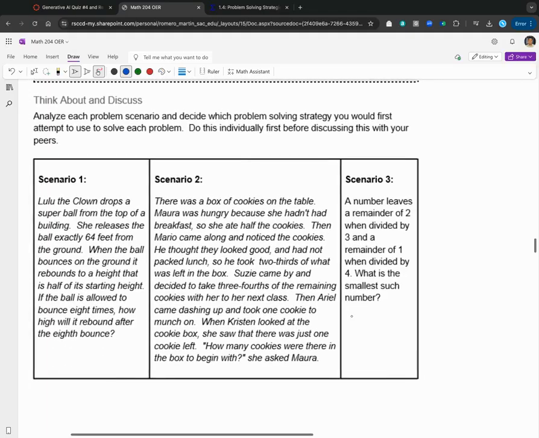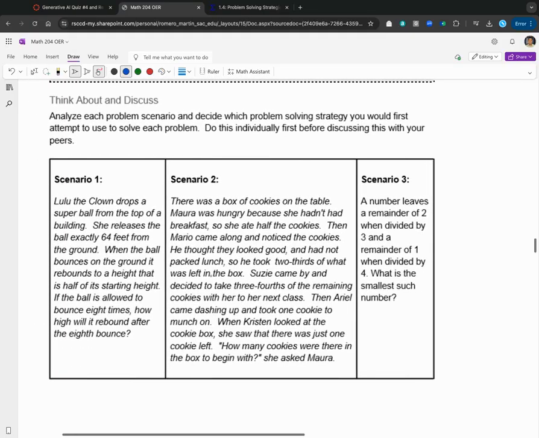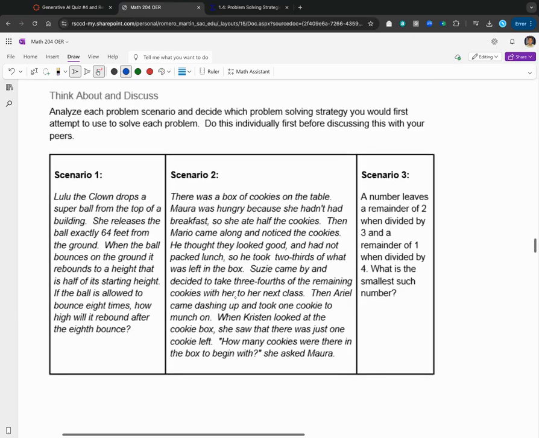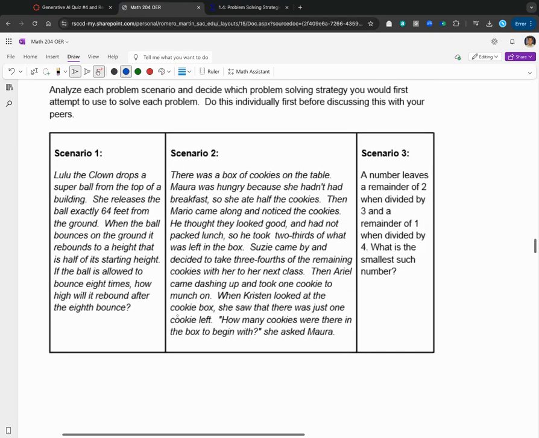Now, we're not in class, but if we were in class, we would spend a few minutes having groups work on different problems and then think about the strategies. You don't have to solve it, but what strategies would you use to solve these problems? And again, there's potentially no right answer. You may use multiple strategies, but it's through a conversation of which strategy you would choose and why. Lulu the clown drops the ball.